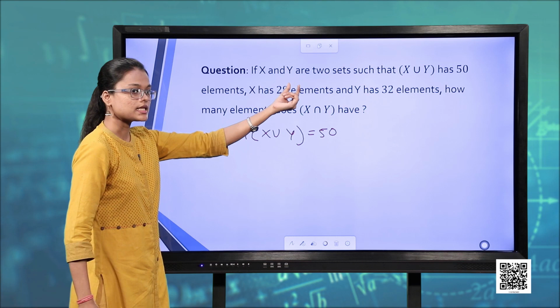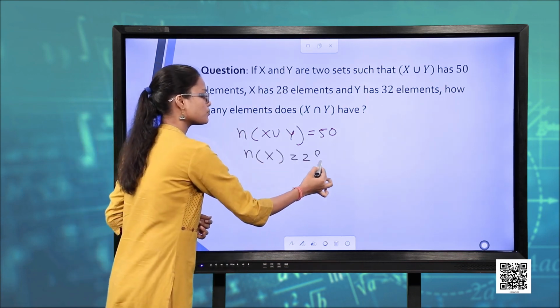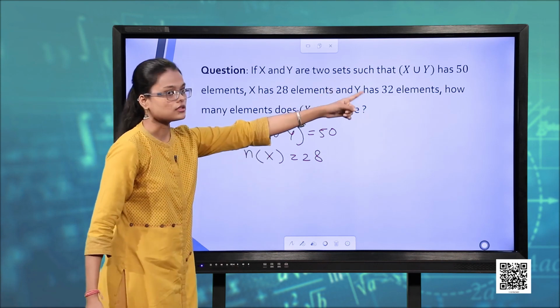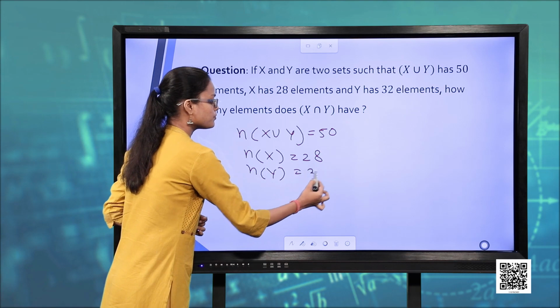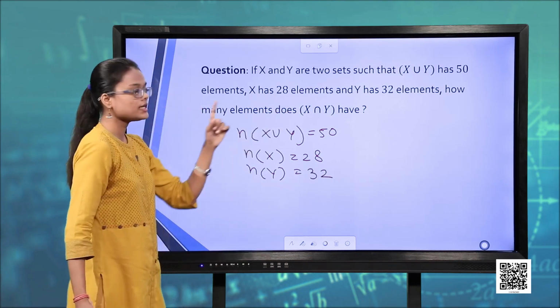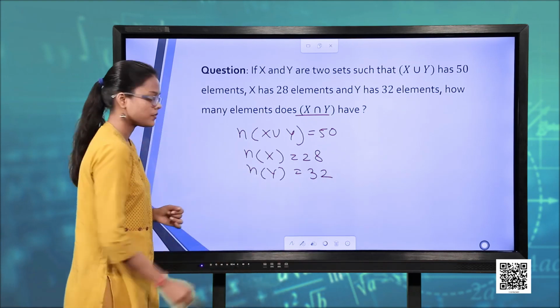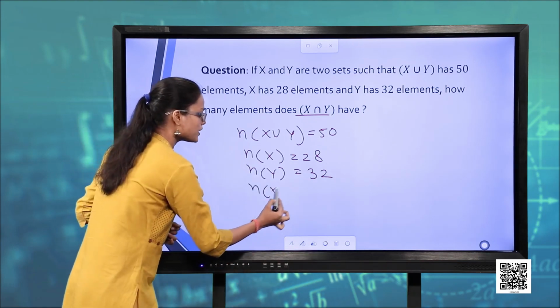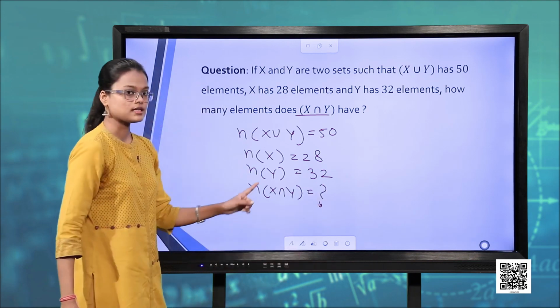X has 28 elements, Y has 32 elements. So, how many elements are there in X intersection Y? That means we have to find the elements in X intersection Y.